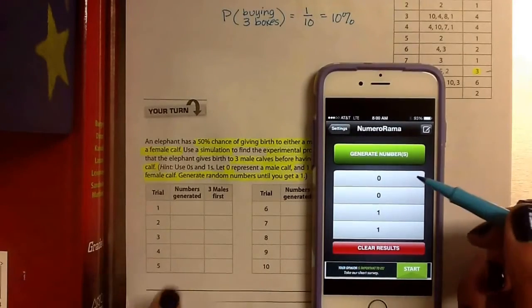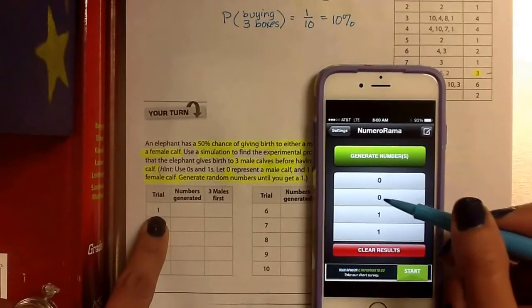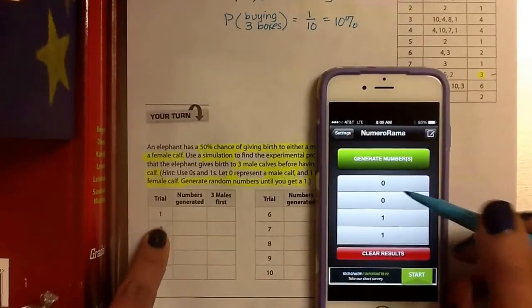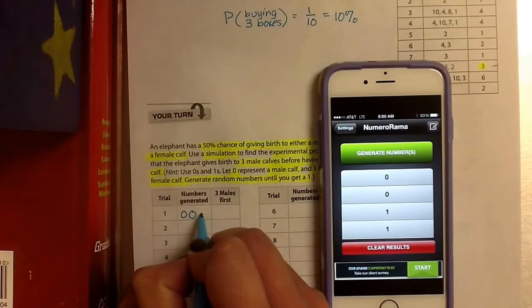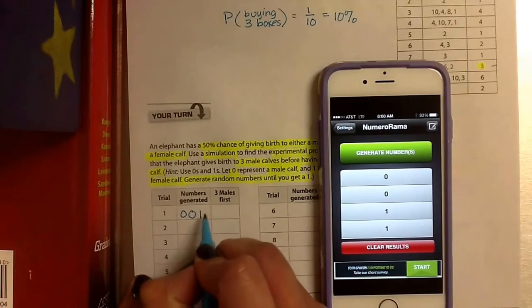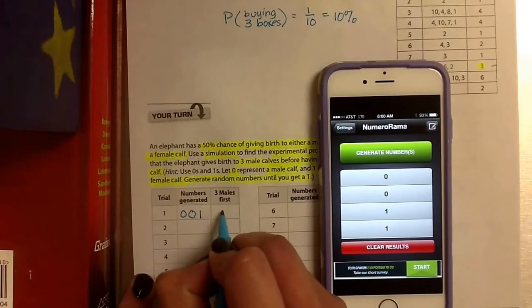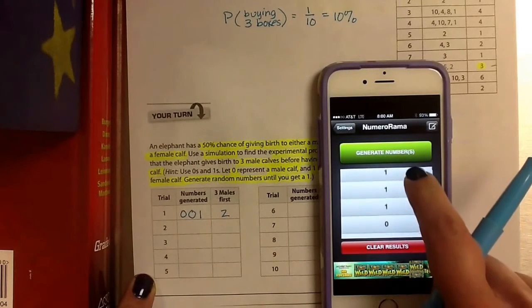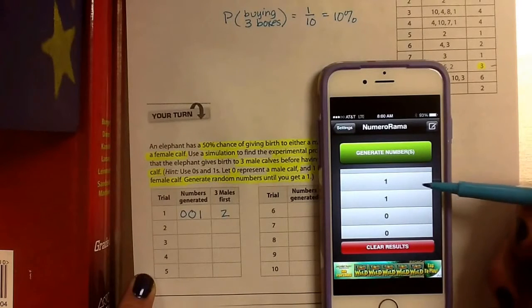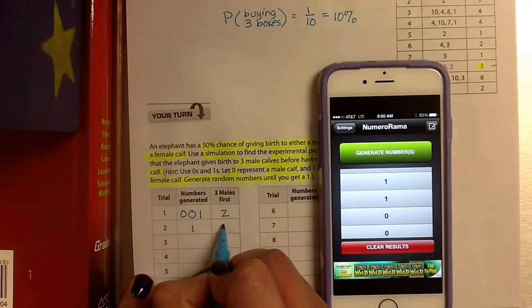So you notice that I have 0, 0, 1. Remember, the zeros are males. So in my first trial, I have a 0, 0, and a 1 until I get my female. So I had to have 2 males before I got a female. Okay, so that would be one trial. Then you notice that I got a female right away, so I had to have no males.